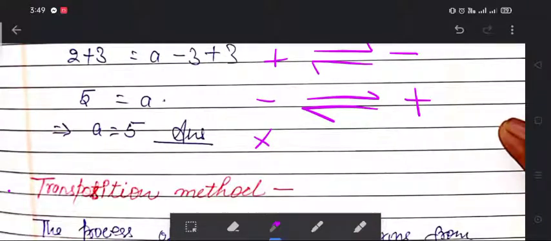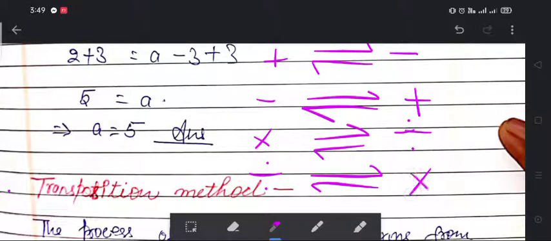Similarly, when multiply goes to the right side it becomes divide, and when divide goes to the right side it becomes multiply.